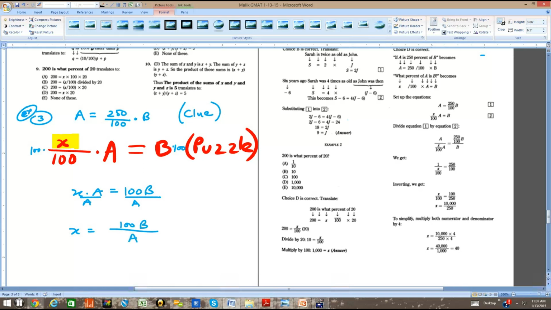We already know that. We can write this as 2.5B. Okay, so B and B cancel. Yeah, you can cross multiply and do it that way too. That also works.